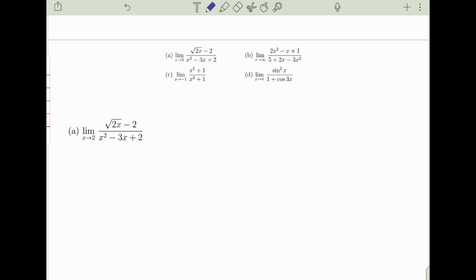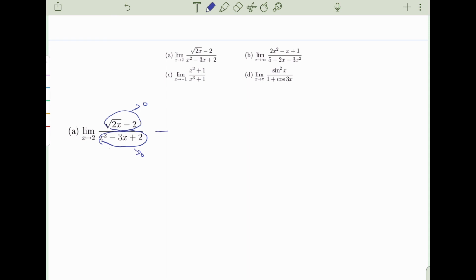So the first step is to indicate that the limit of the numerator and the limit of the denominator is equal to 0, right? So when you substitute 2 into the numerator, you see that the numerator goes to 0 and the denominator also goes to 0, right?